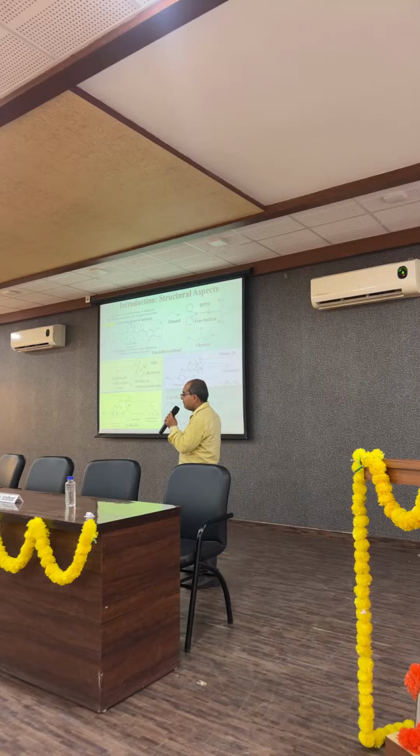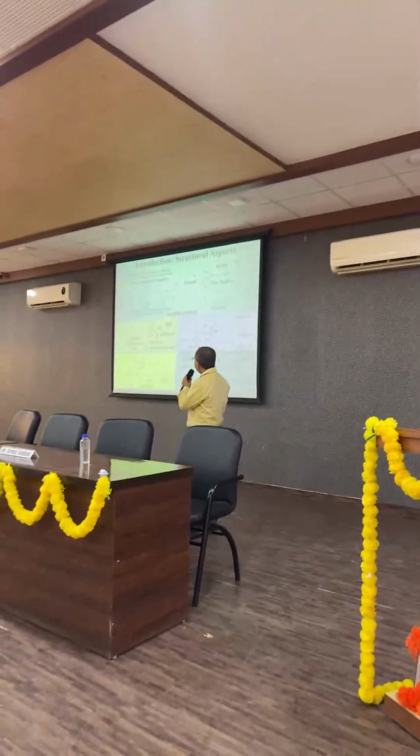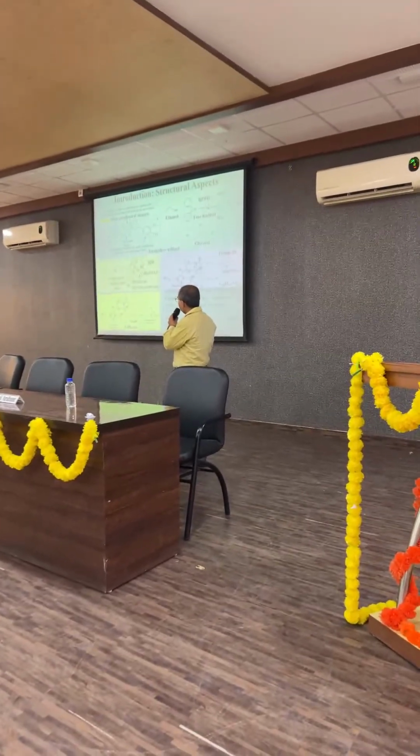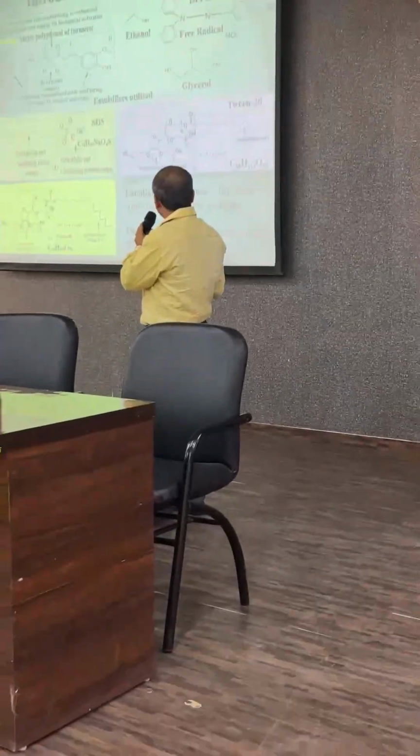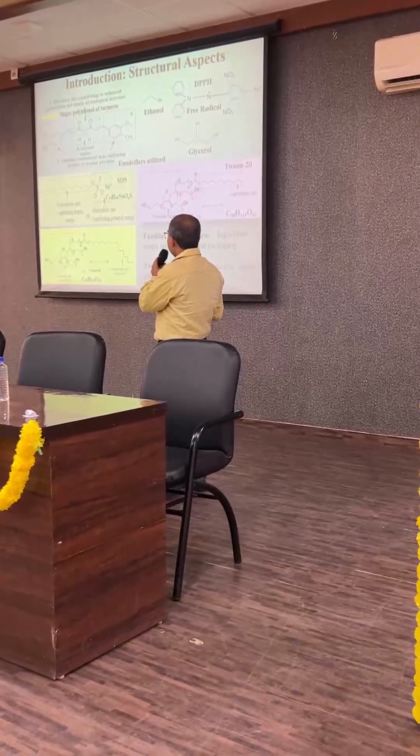In my study, I have used these emulsifiers: SDS, sodium dodecyl sulfate. This is an ionic surfactant with a 12-carbon alkyl chain and a hydrophilic part, the terminal sulfate group and sodium ion. Another surfactant I have used is Tween 20 and then Tween 40.